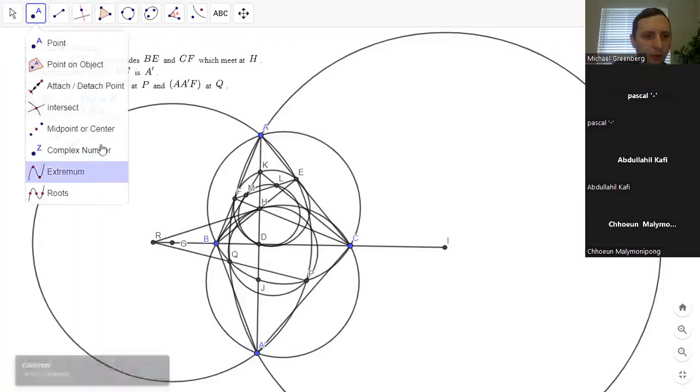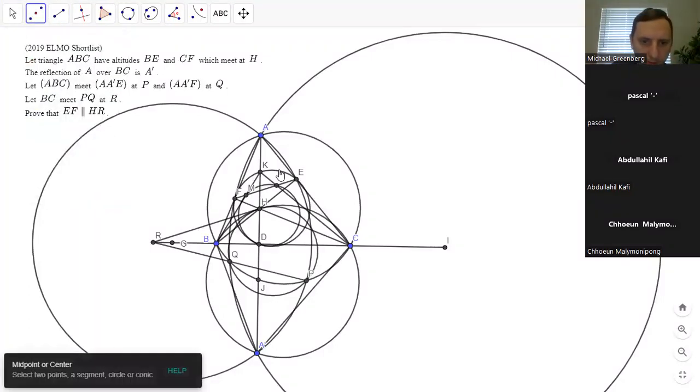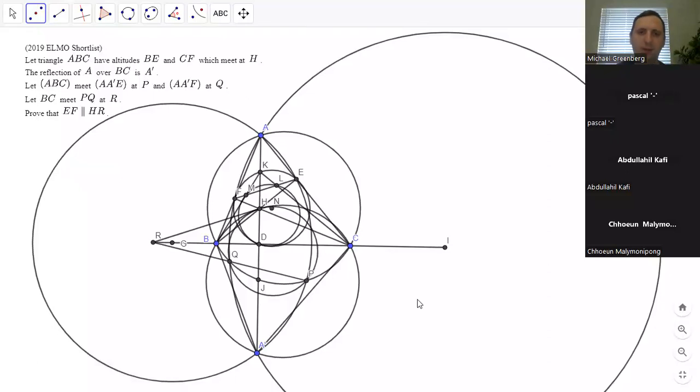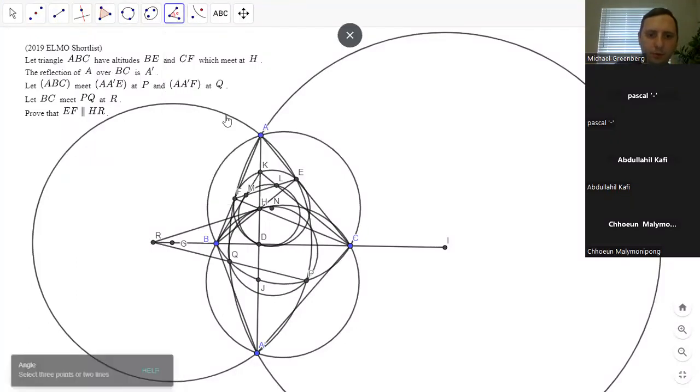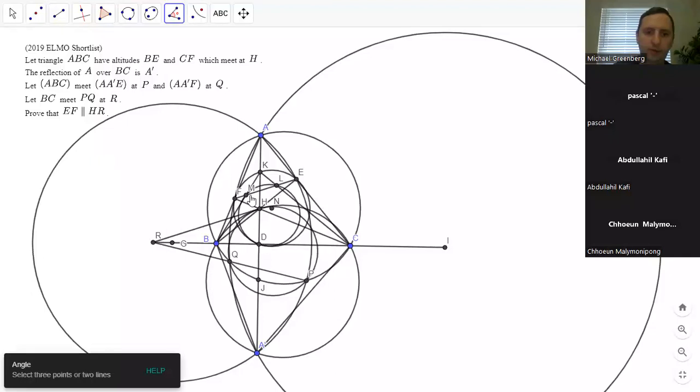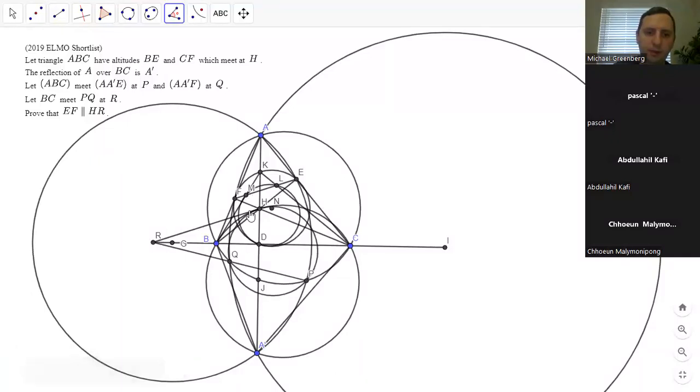So you could draw the 9-point center. That's nice. It was called N. I wonder if showing these are tangent is equivalent to showing angle FDM equals angle ELD.